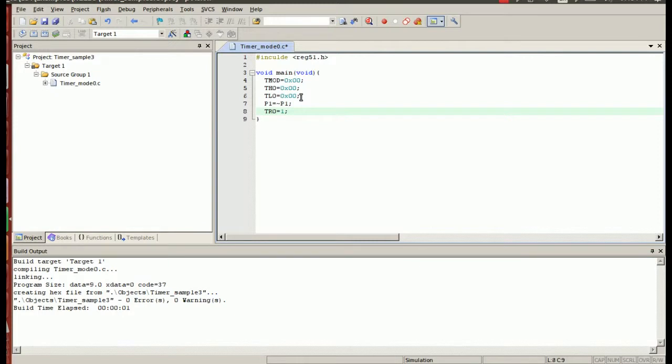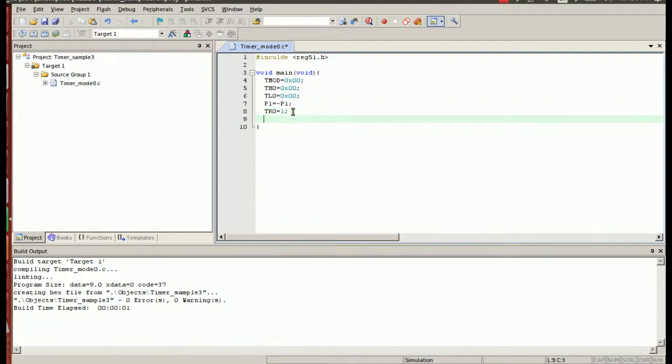That means the timer T0 will increment from 0000 till FF1F. Because why is it so? Because TH0 is in 8-bit mode and TL0 is in 5-bit mode. So then immediately we are complementing the port P1 and then we are running the timer.